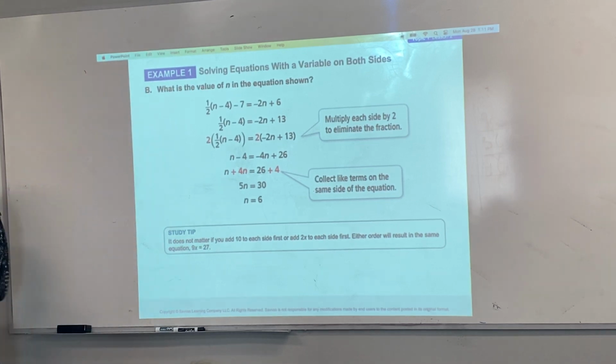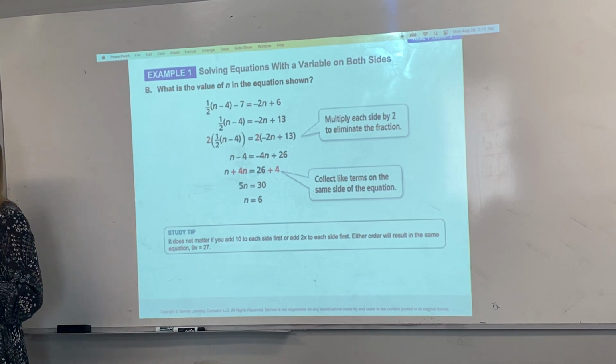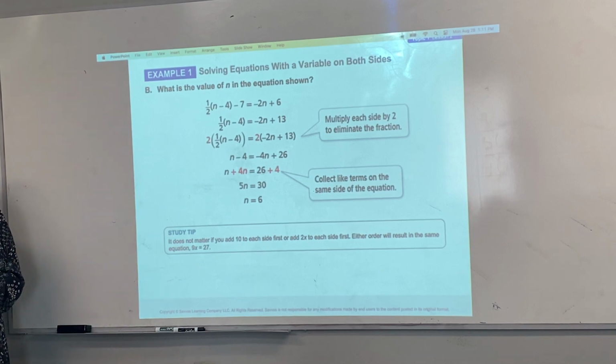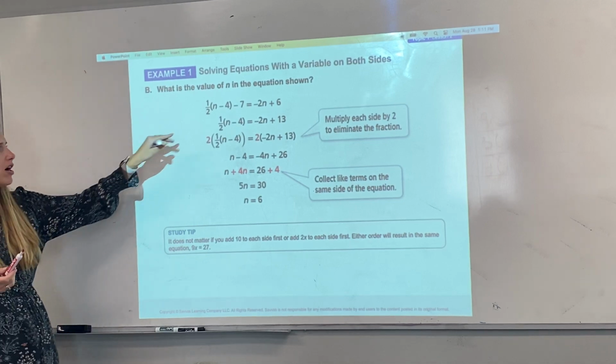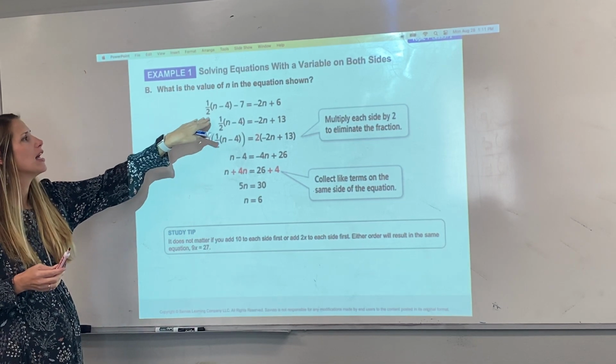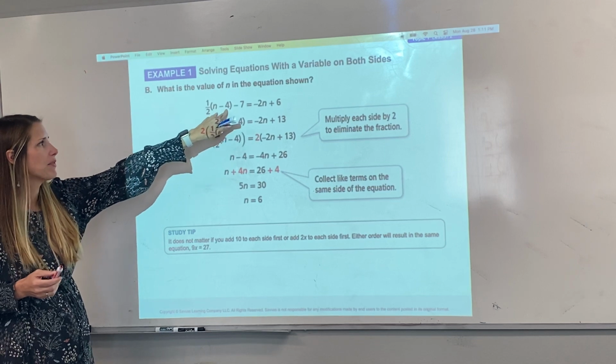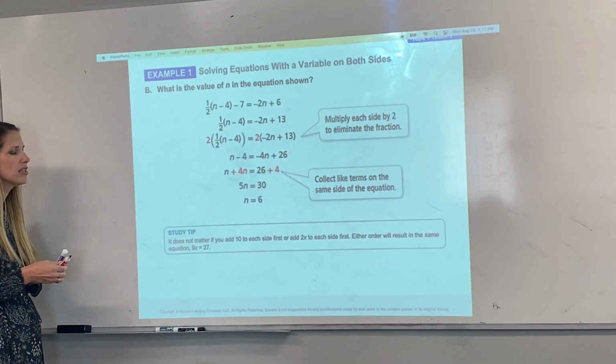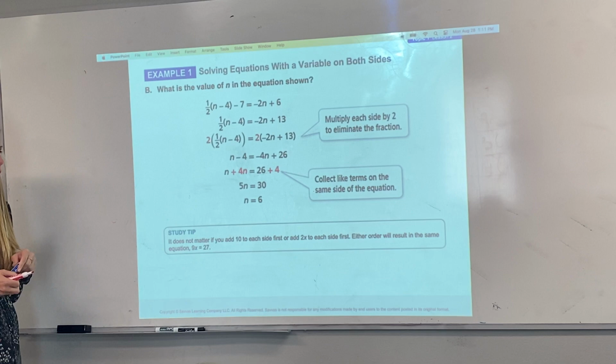And here's a little thing about what the book does here. When we have a fraction involved, and the fraction is being multiplied by something in parentheses, we have a couple of different ways that we can go about this.